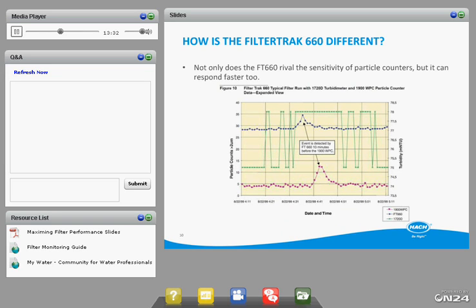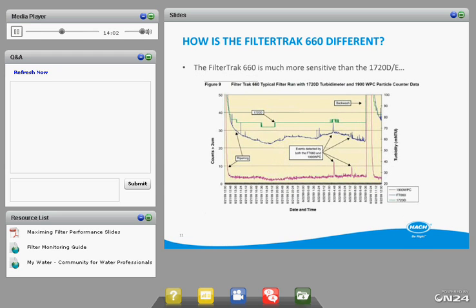In this data series, we can see, again, the blue line being a FilterTrack 660 and the purple line on the bottom being the particle counter. We can see the event in the middle that the FilterTrack detected 10 minutes prior to the particle counter picking up that event. So that's not always going to be the case, but certainly there's benefits to having a much more sensitive instrument.